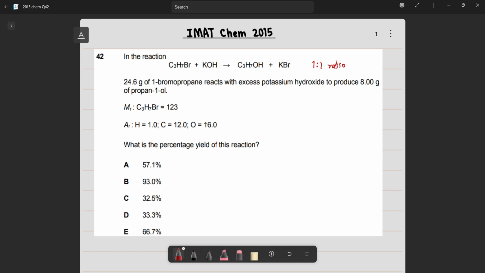So we know our primary focus is on the percentage yield of propan-1-ol, our main product that is produced. So this one right over here. And we are given the masses and data for 1-bromopropane and propan-1-ol.